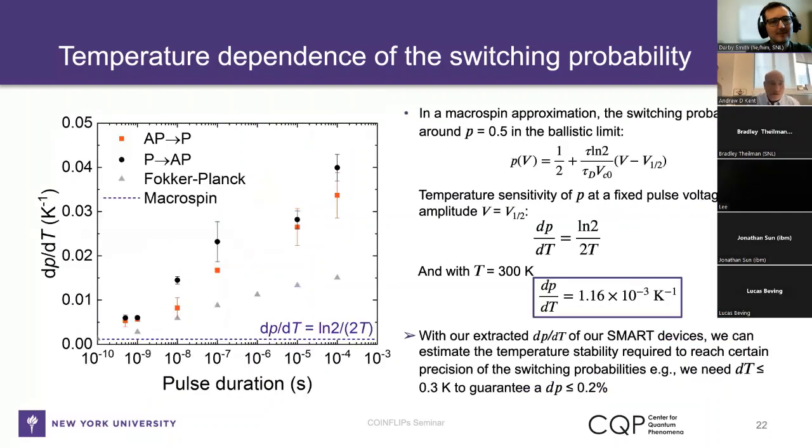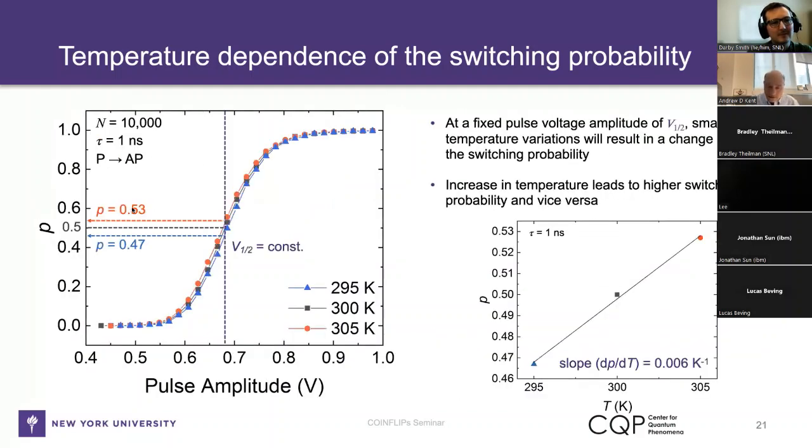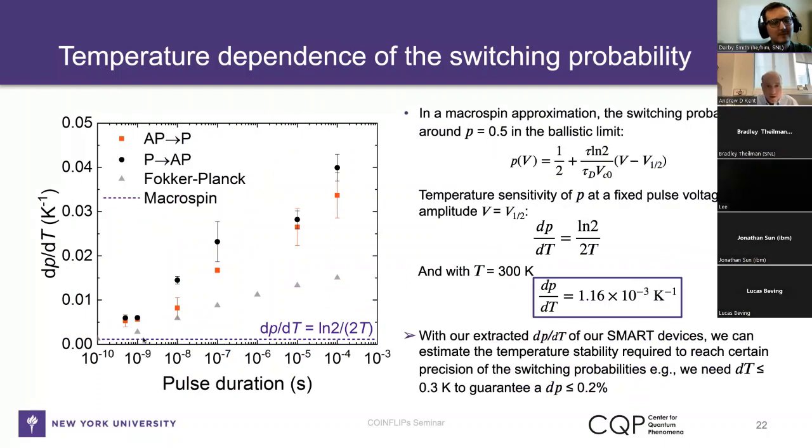So we did this as a function of pulse duration. The points I showed you down here were with 1 nanosecond. We can do this for both types of transitions, AP to P and P to AP, and we can model it in 2 different ways. One is this macrospin model, which really only applies for very, very short pulses. What's interesting here is that if you work out the model, you find dP/dT does not depend on material parameters. This is kind of a surprise.